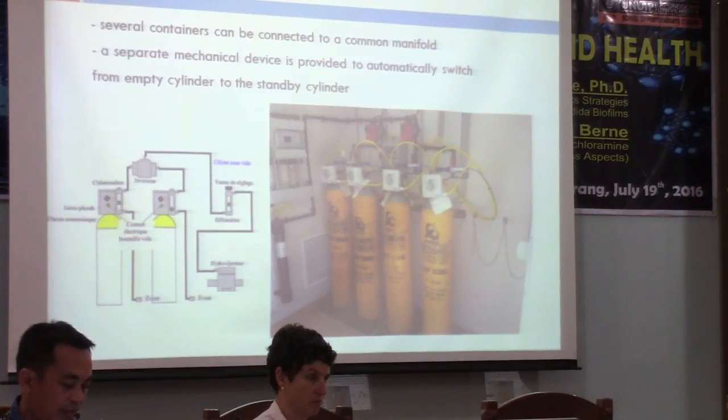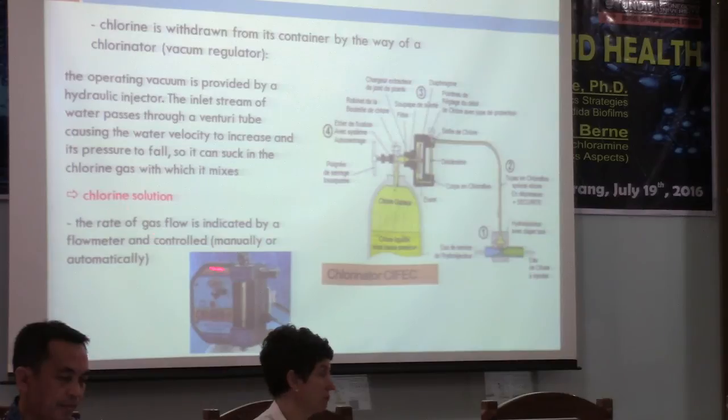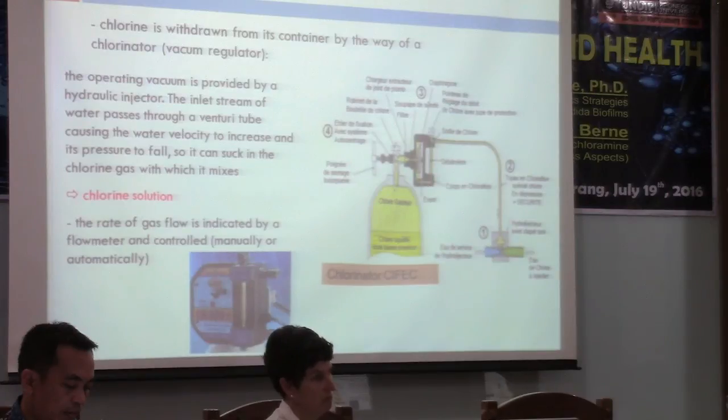And then chlorine is withdrawn from the tank or from the cylinder by this kind of device, a chlorinator. We have a venturi, and water passes through the venturi and there is a depression, so chlorine is sucked by this system, and you produce a chlorinated solution that will be injected directly in the pipe for the treatment.